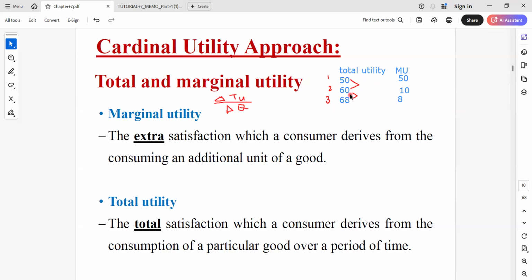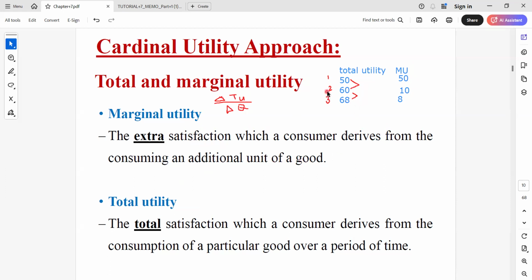From 50 to 60, what is the extra satisfaction that you got? It is 10, because 50 plus 10 gives 60. Your satisfaction increased by 10, and that increase is called your marginal utility, which is the extra satisfaction a consumer gets from consuming an additional unit of a good.